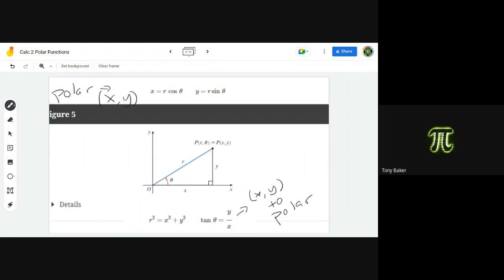But having the option of going back and forth is kind of nice. And while these are going to allow me to do points, they also can do functions as well. So we can replace x in a function with r cosine theta and y with r sine theta, and solve, and actually get an equation replaced into a polar equation. You just solve it for r at the end.